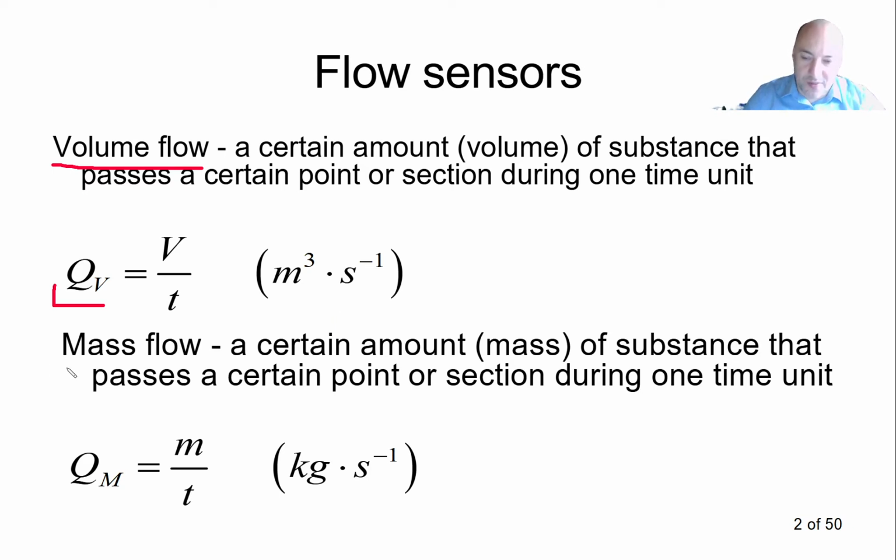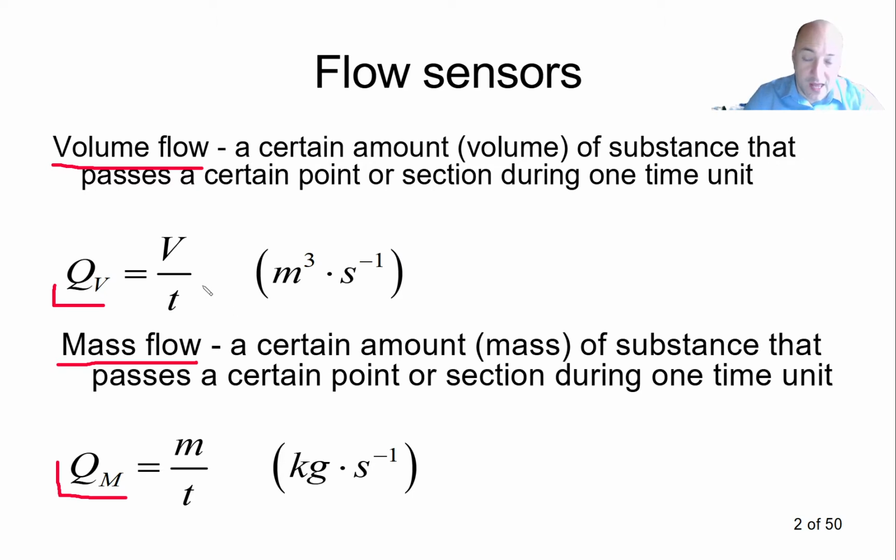The second possibility how we can measure flow is to measure mass flow. And mass flow obviously is some given mass that passes in a unit of time. So we will denote that as Q_m, as mass flow, and the units will typically be, for example, kilograms per second. You will see that mostly the principles that we will see today will measure in some way volume flow.